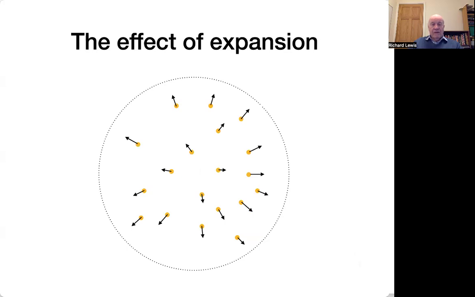Now you have to think of the expansion of space, and the expansion of space is moving all the galaxies away from the center of the universe, but with the event horizon in place, the galaxies cannot cross the event horizon.